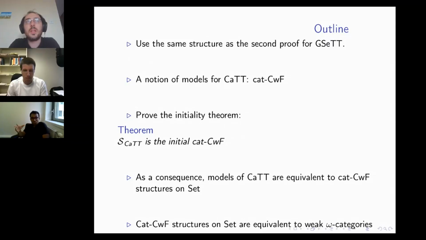A good notion of a model of CAT, but in, let's say, the syntactic category of homotopy type theory. Oh, okay. Or even in some category of fibrant objects or something like that. You can even take simplicial sets if you want.